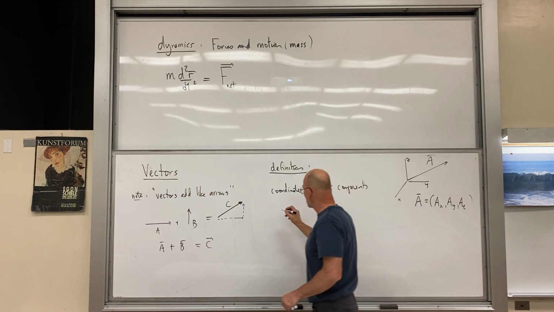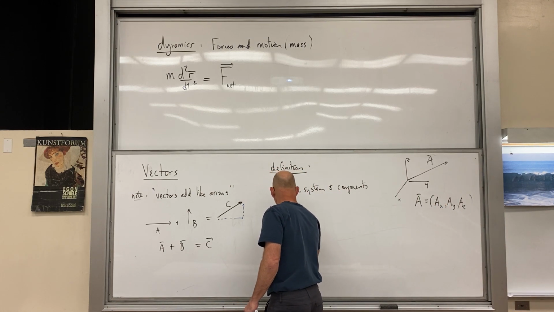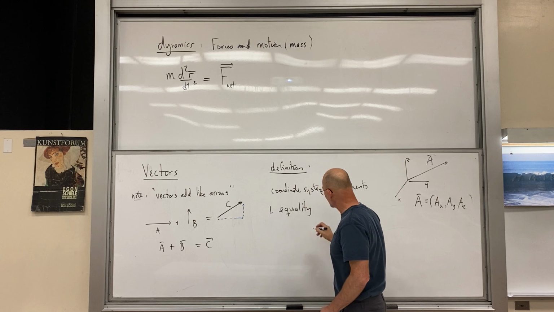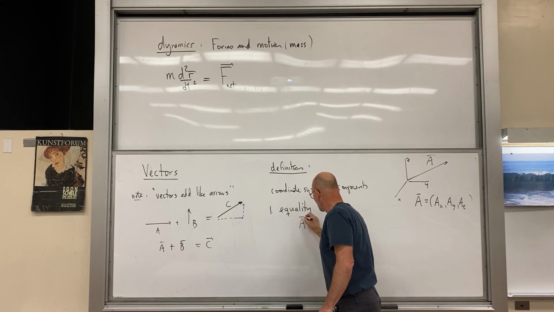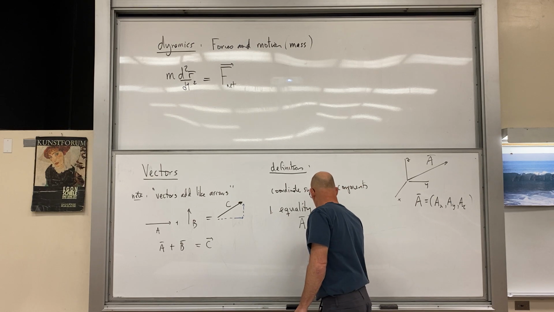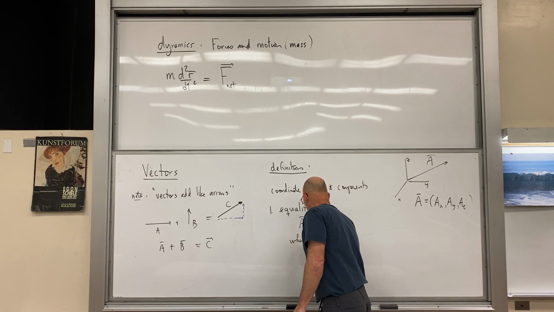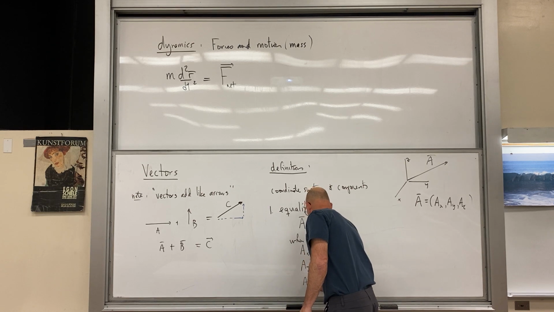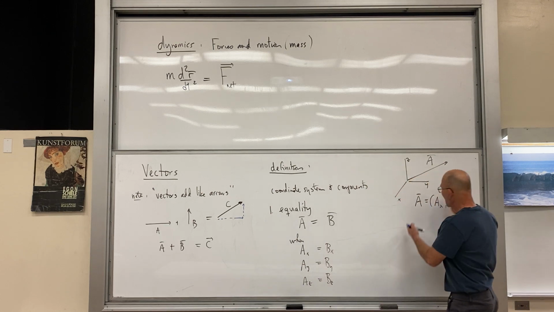So now we'll just talk about these axioms. Equality of vectors, so we could have A equals B when AX equals BX, AY equals BY, AZ equals BZ, so as defined right here.